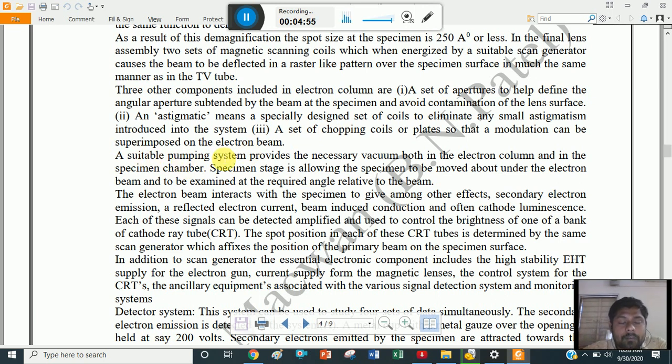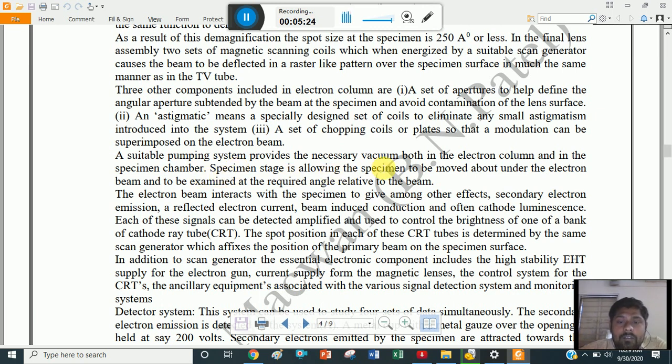A suitable pumping system provides the necessary vacuum both in the electron column and in the specimen chamber, so that other interfering ions or materials do not interfere with the surface of the sample during analysis.